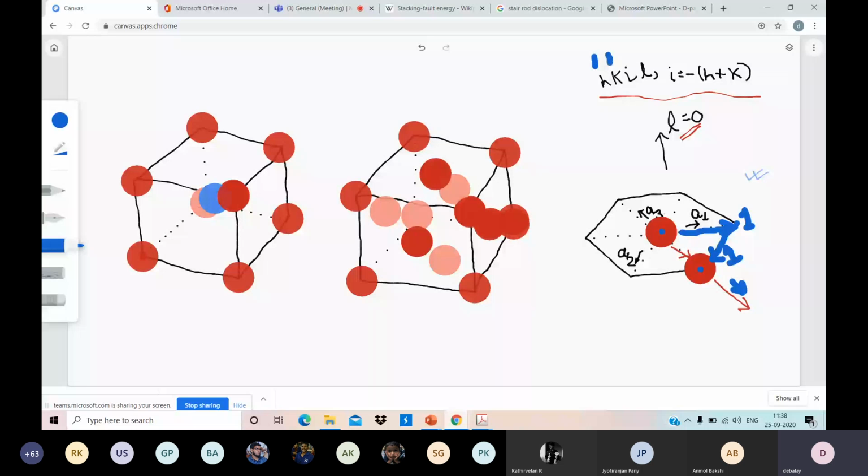But the positive direction of a3 is this side. So I have to now move -2 along a3. So I come 1 to this point, and again 1 to this point. So this movement is -2.